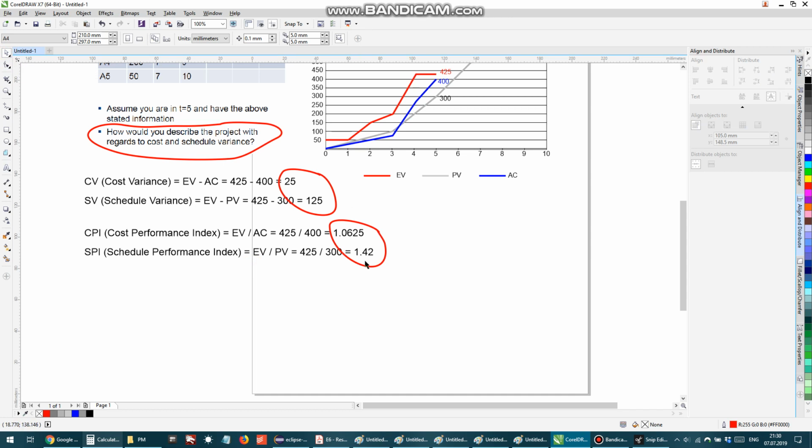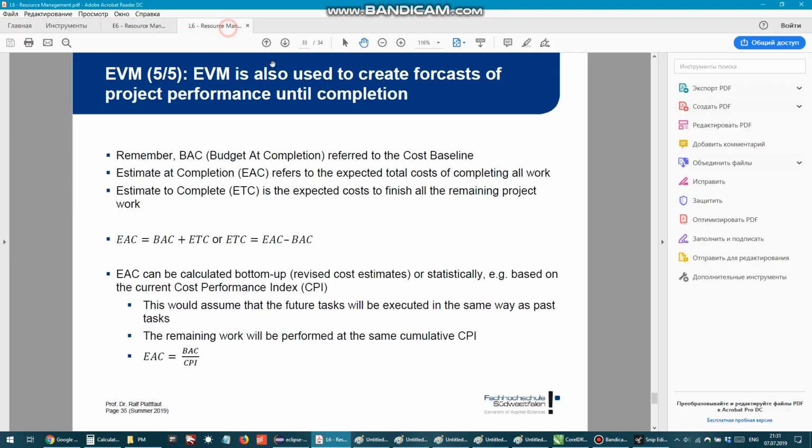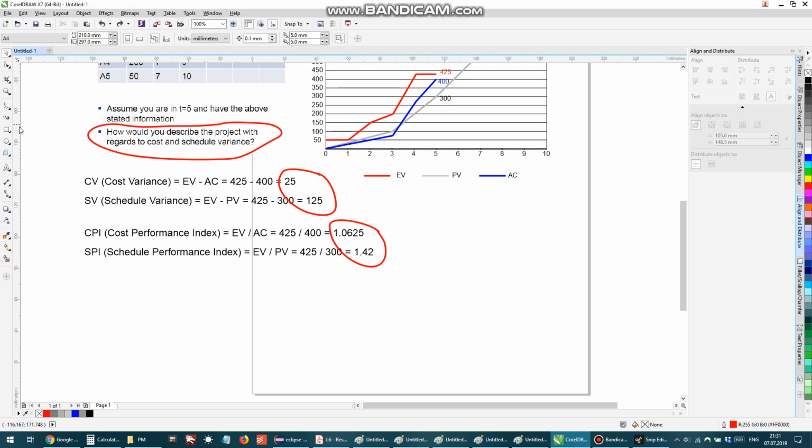Now, having these numbers in our hand, we can calculate our budget forecasts: estimate at completion and estimate to complete.